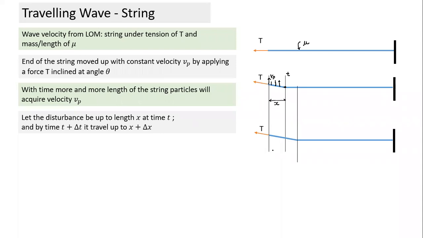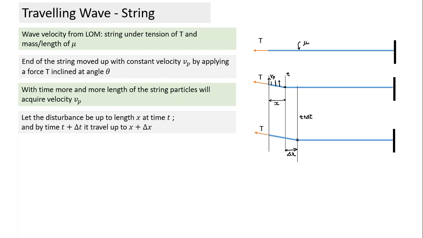Let's say time t plus delta t. In the additional time delta t, it has traveled an additional distance delta x, up to this point the wave has traveled.